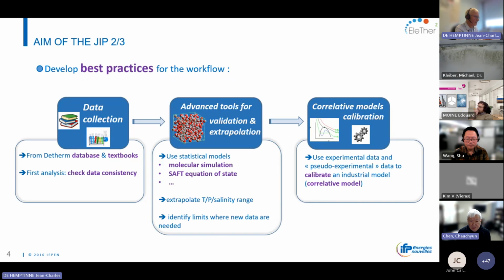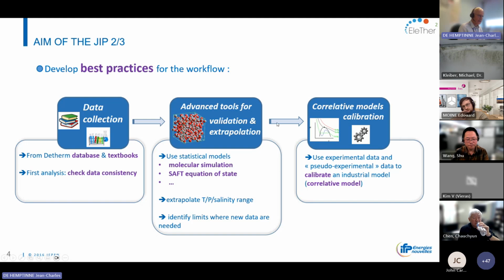So this is the first aim. The second aim is to then propose a workflow of best practices. I think there's nothing really exceptional about that, but nevertheless, it's worth looking at the need for data. If you want an industrial model, you need to be able to collect data, and data are generally not sufficiently available or may be inconsistent, and all of this needs to be evaluated.